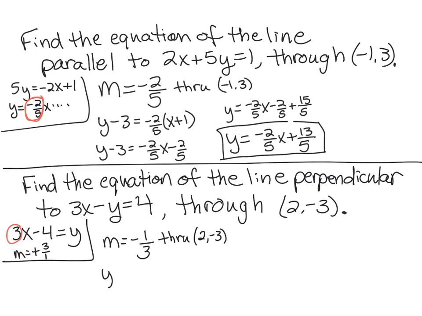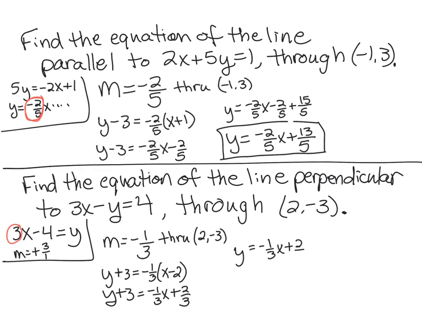So y minus the y value, y minus negative 3 is y plus 3, equals the slope times x minus the x value of the point. Distribute: y plus 3 equals minus 1/3 x, there's mx, plus 2 times 1/3 is 2/3. Y equals minus 1/3 x plus the 2/3 that was there.